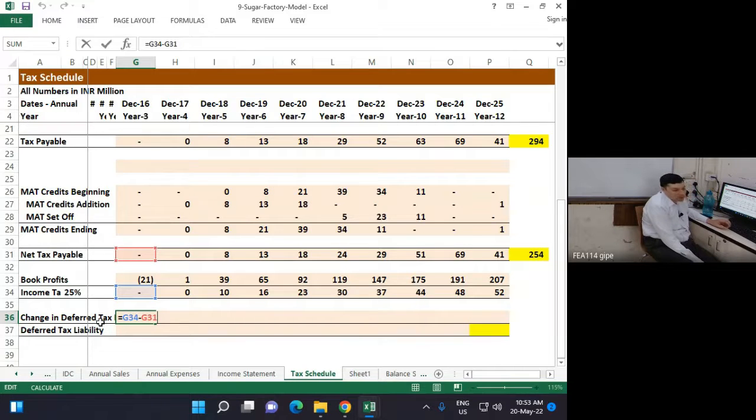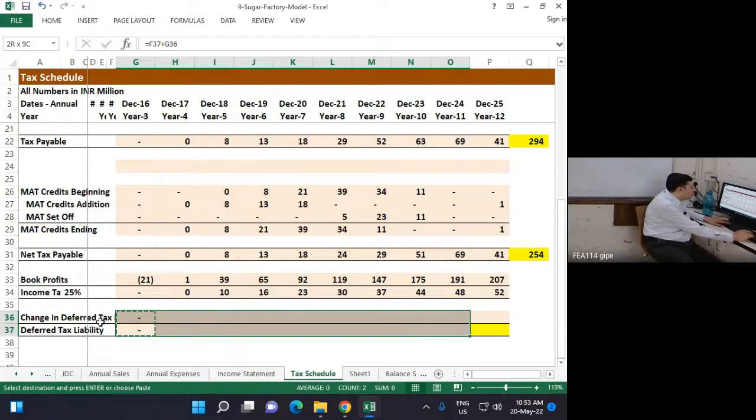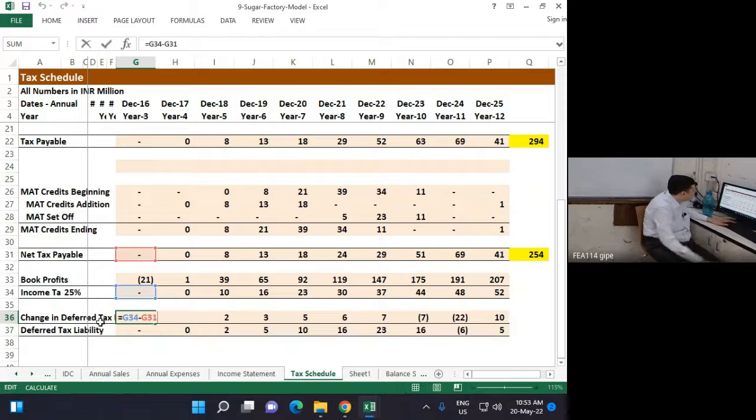Difference is the amount shown as a tax expense but not paid. Therefore, it ends up creating a liability, and deferred tax liability will be cumulative value. Last year balance plus change in DTL.